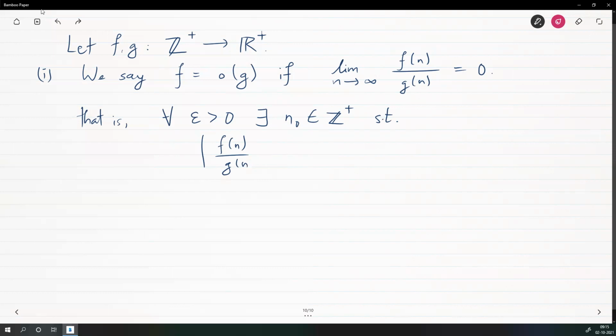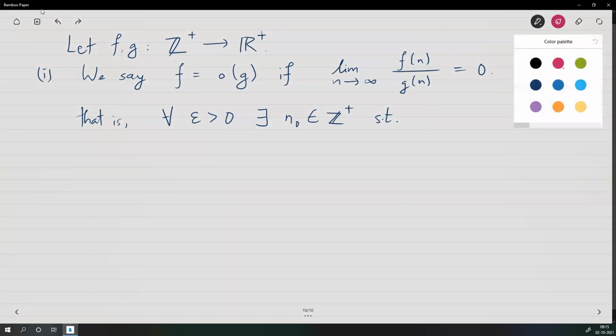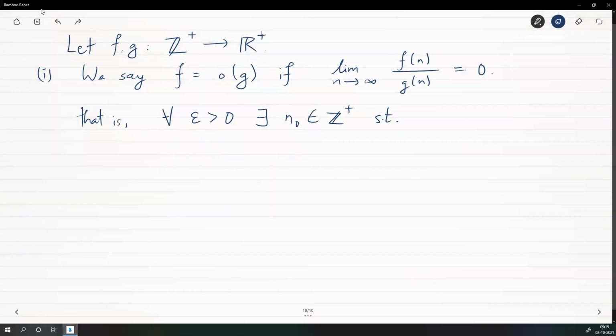In fact, we can write it in an easier fashion. We simply need to write f of n by g of n is less than epsilon. You take less than epsilon or less than or equal to epsilon, it doesn't really make any difference as far as the definition of the limit is concerned.